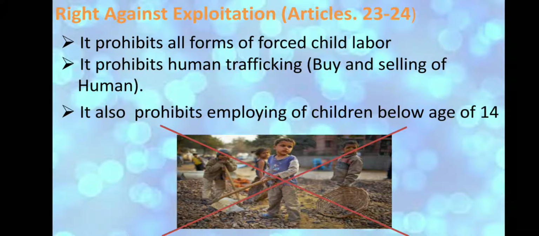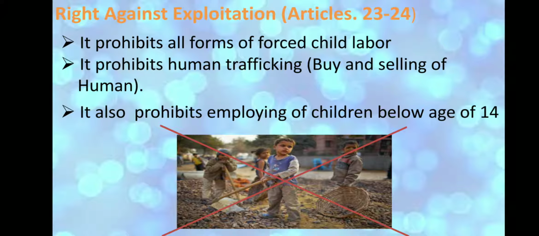You have to convey the fundamental rights and the right against exploitation to that child, that you are allowed to study. You have the right to study. So you have to go and study. You are not allowed to do these works. So you have to tell them, for stopping this forced child labor.